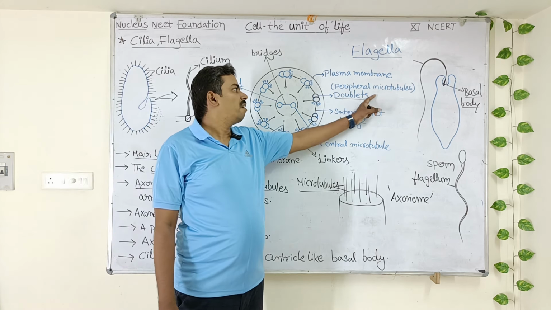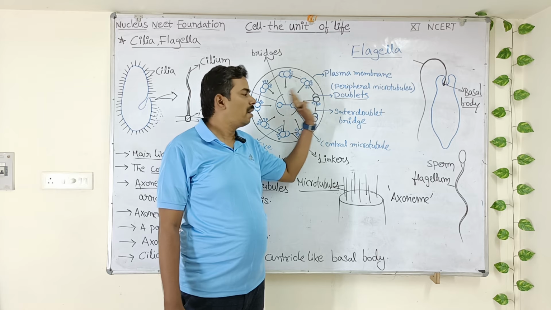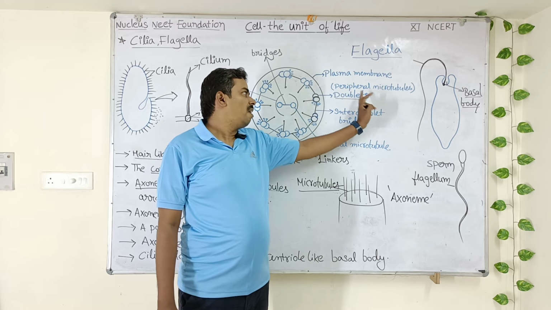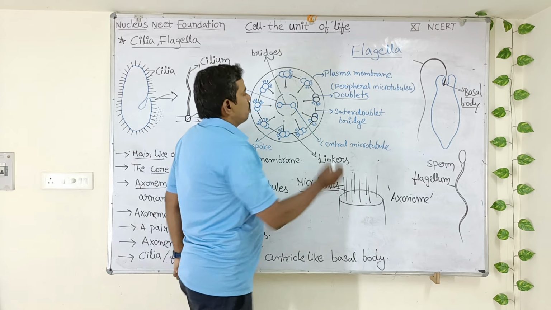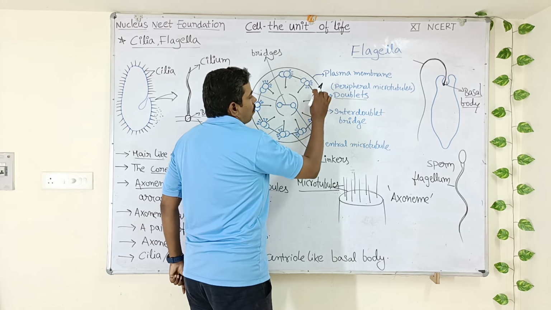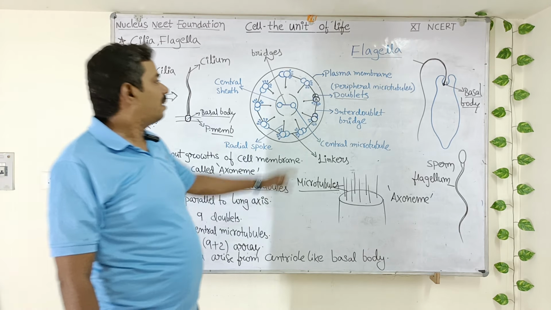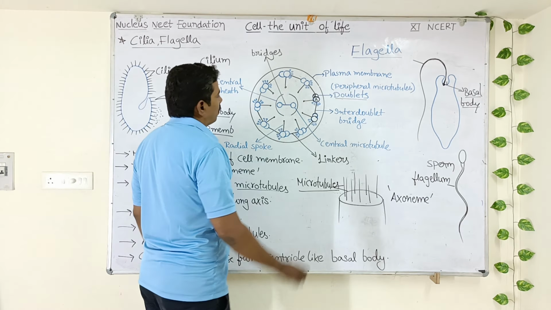Why are they called peripheral microtubules? Because they are present at the periphery, towards the border. One is called the A microtubule, another is the B microtubule. Both combine to form a doublet. How many doublets can you see?